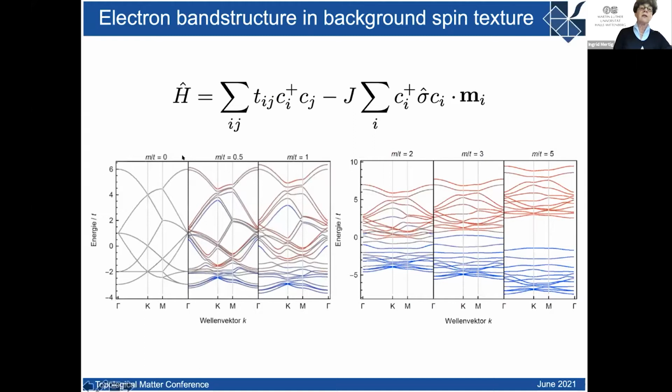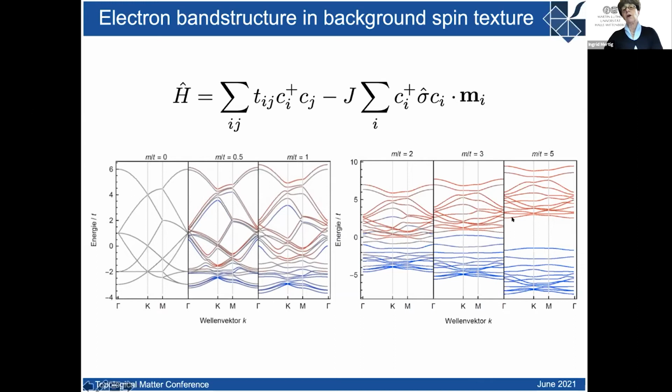And we start with zero magnetic moment, m over t, where t is the hopping integral, equal to zero. And the result is a band structure. Since we have so many atoms in the unit cell, more than 100 atoms, the bands are highly degenerate. If we now switch on gradually the size of the magnetic moments, the degenerate bands are split, and we finally end up in the so-called adiabatic limit.